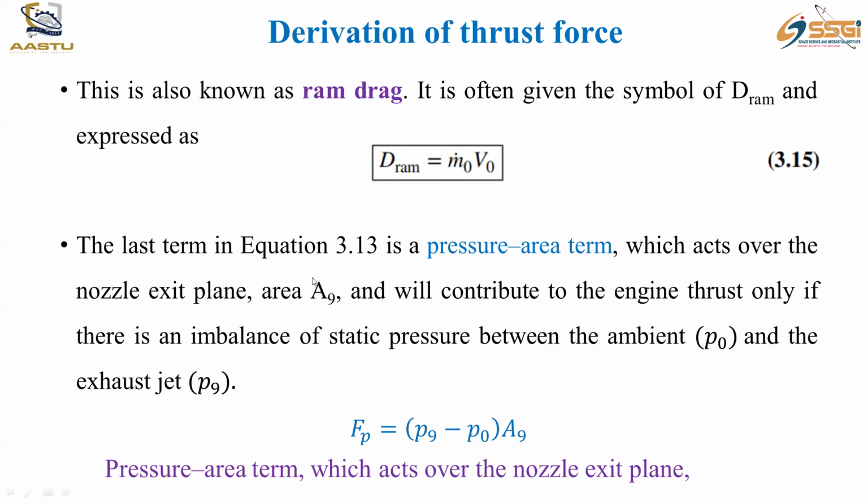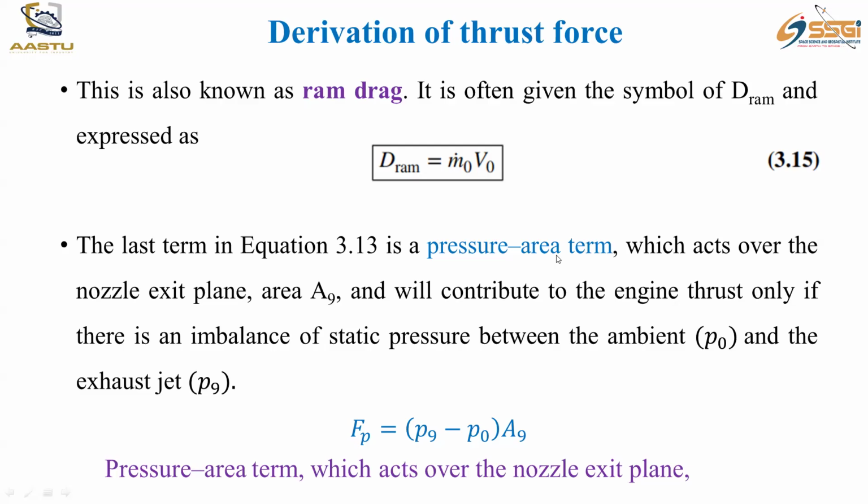The last term is the pressure area term, which is called pressure thrust, which acts over the nozzle exit plane area A9, and will contribute to the engine thrust only if there is an imbalance between the static pressure and the ambient pressure. Static pressure is the exit area pressure. The exit pressure is static pressure.